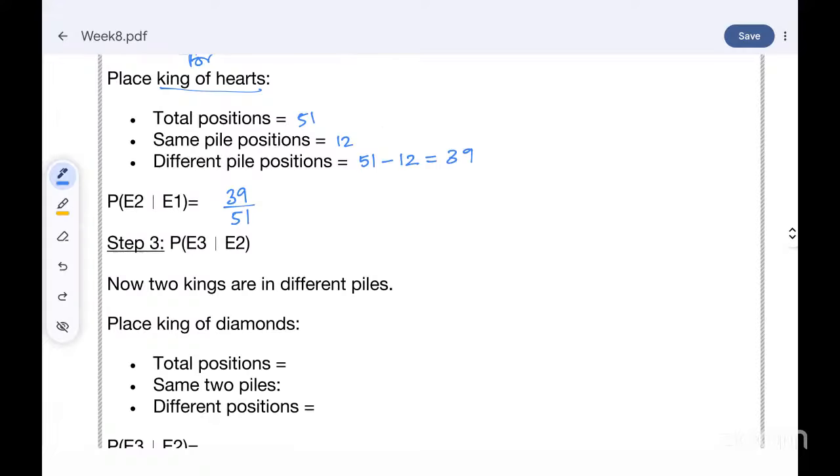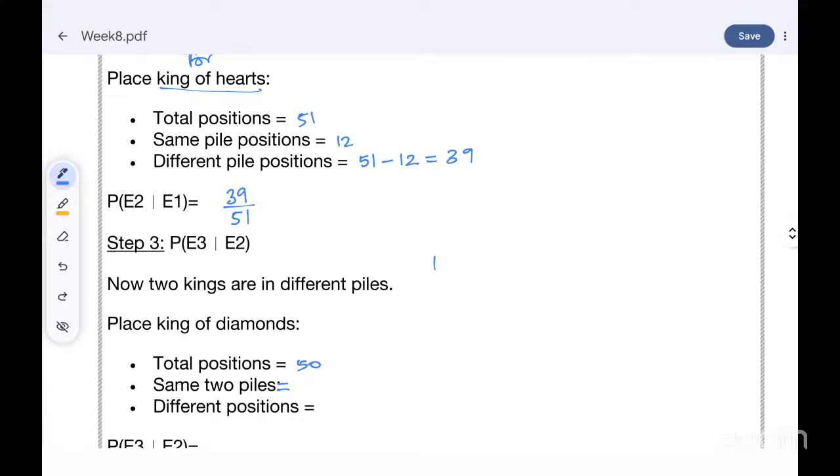Now we already know that two kings are in different piles. So how many positions are remaining for the king of diamonds? 50. Now, what is the possibility that it takes the same two piles? So the first two are in different piles, remember that.